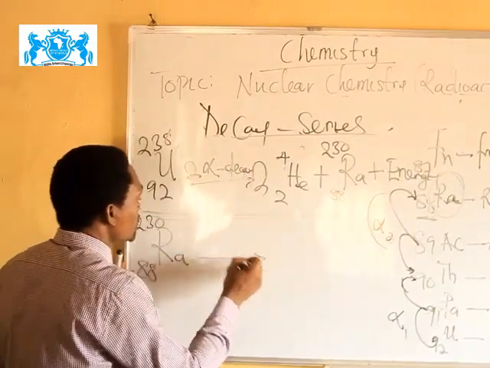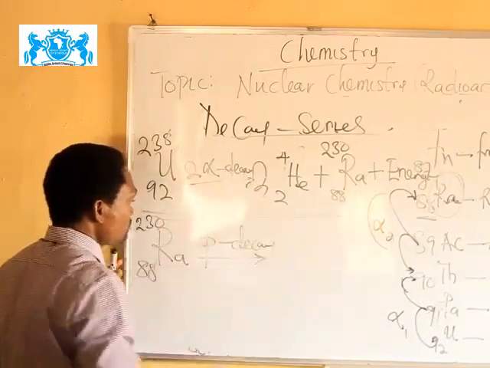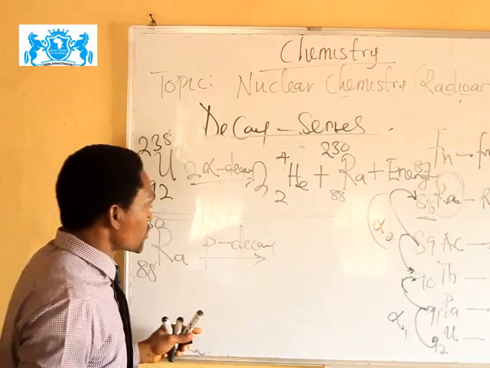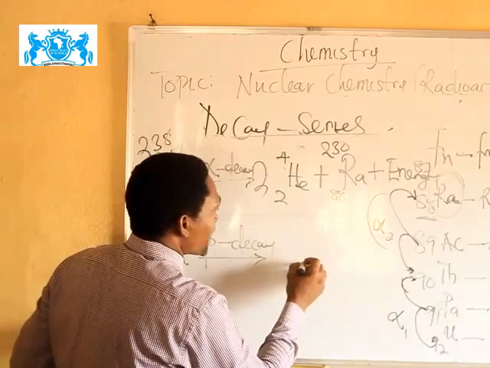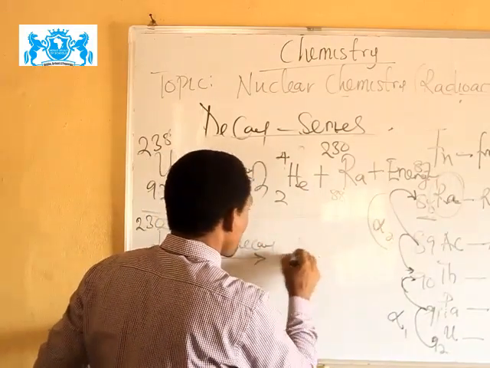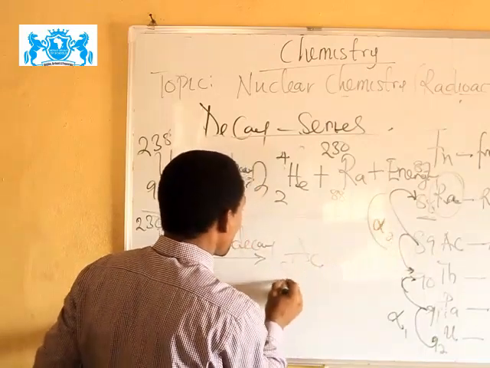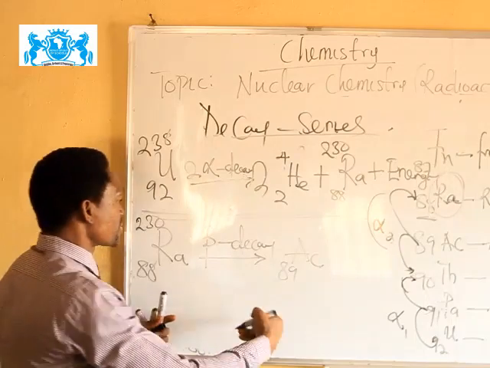If it undergoes a beta decay, the daughter nucleus will definitely become actinium, which is Ac, atomic number 89, which means it moved one place to the right of the periodic table.